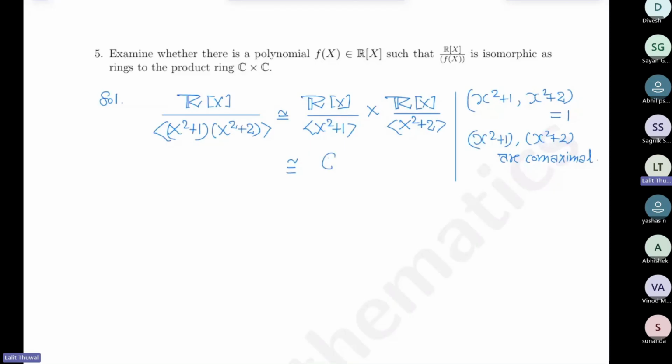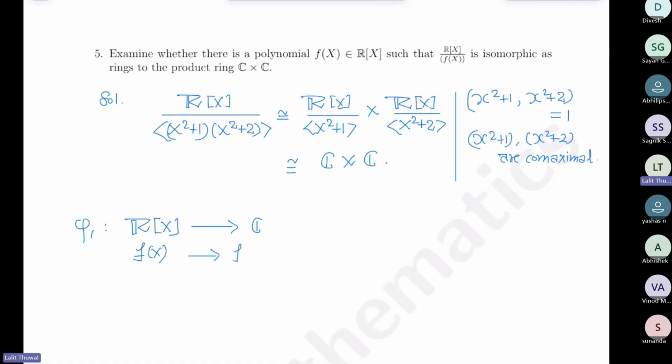Isomorphic to C, right? And this is also isomorphic to C. Do you know why? Let me tell you. So define from R[x] to C, which takes f(x) to f(i).